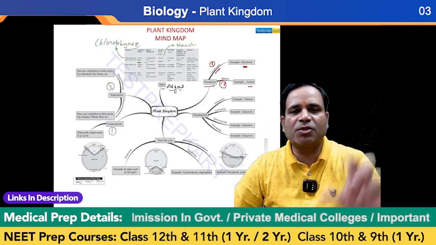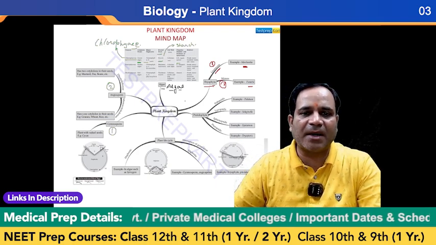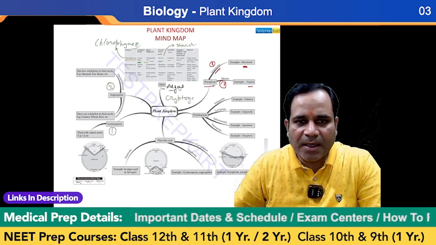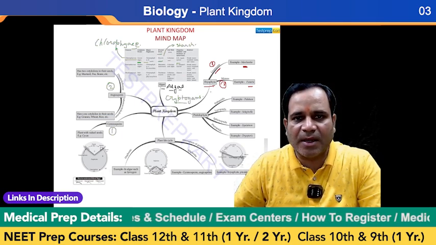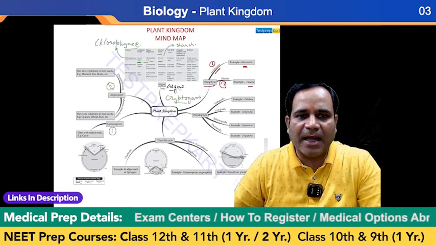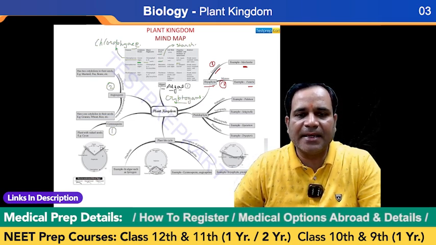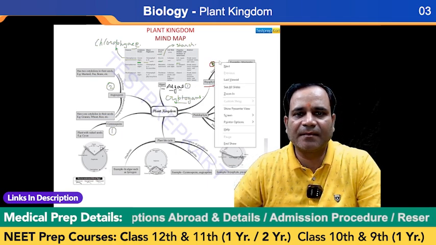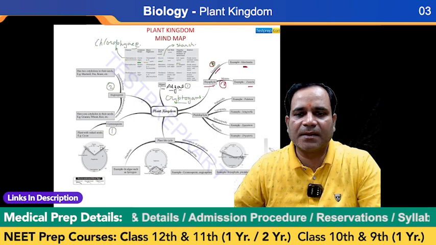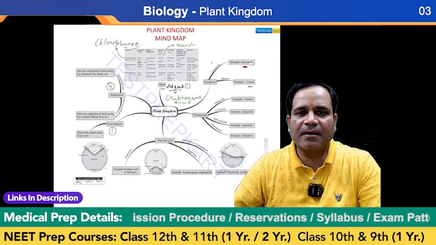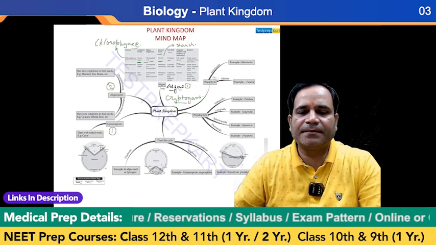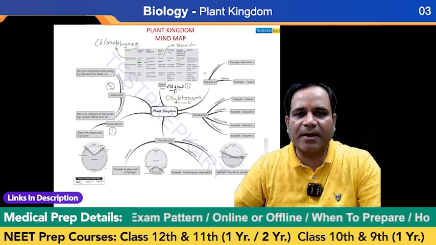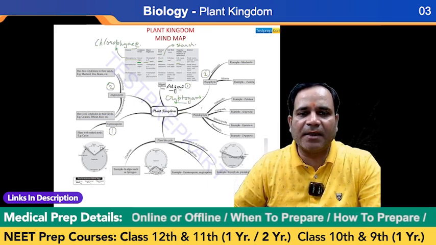So here there are two things. One part is cryptogams. Cryptogams include, number one, algae; second, Bryophyta; and third, Pteridophyta.